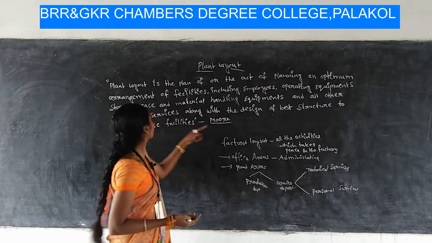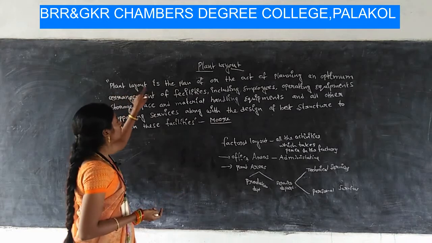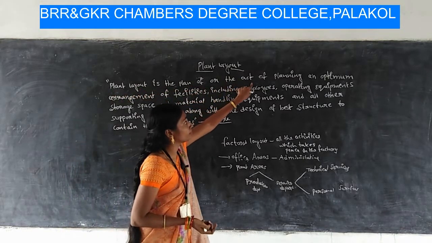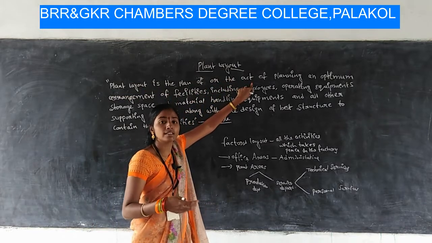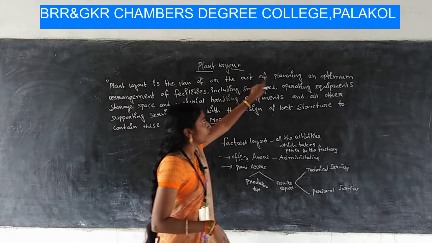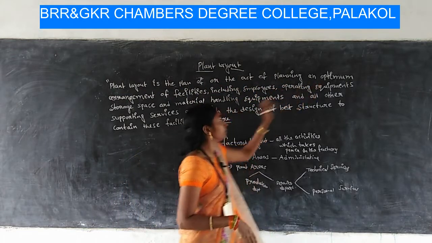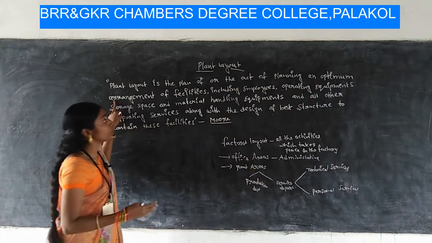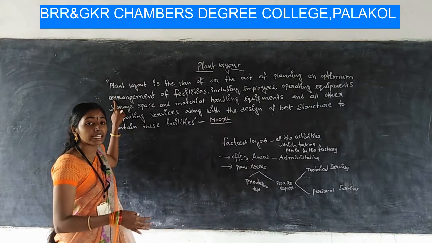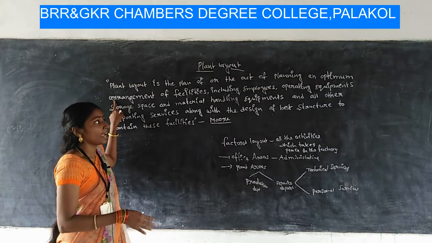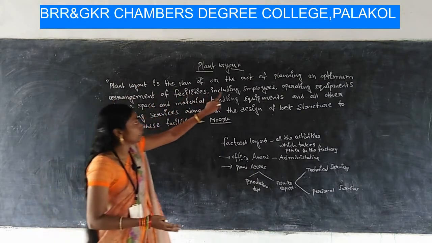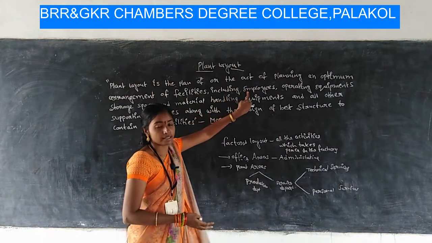According to Moore, plant layout is a plan or an act of planning an optimum arrangement of facilities. What we are doing in the plant layout, we are arranging the facilities in an optimum way. Arrangement of facilities including employees.